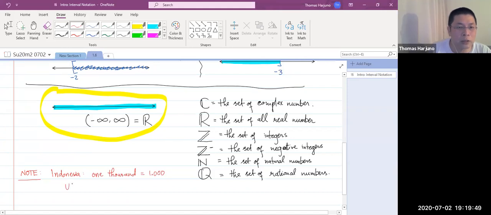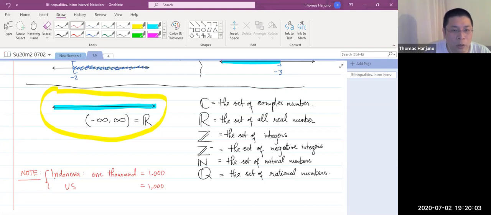In the US, 1,000 is 1,000. Okay? You see a very big difference, huh? So when I go back to Indonesia and I do, let's say, my blood test, their comma is the American dot, and the American decimal point is the Indonesian's comma.